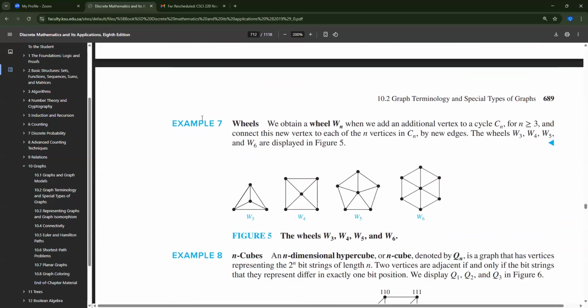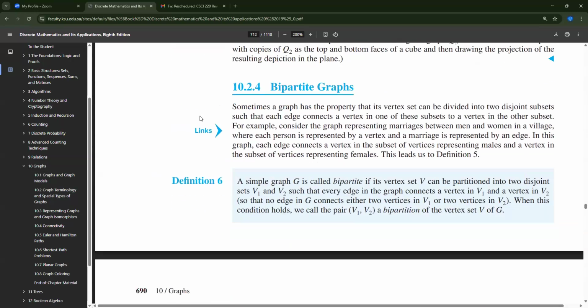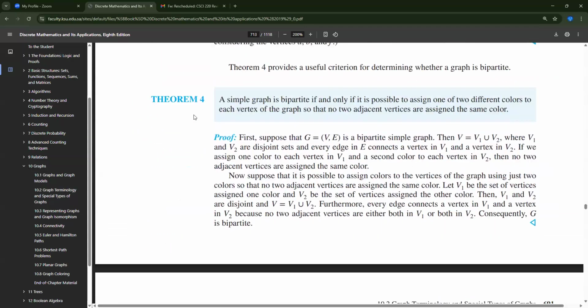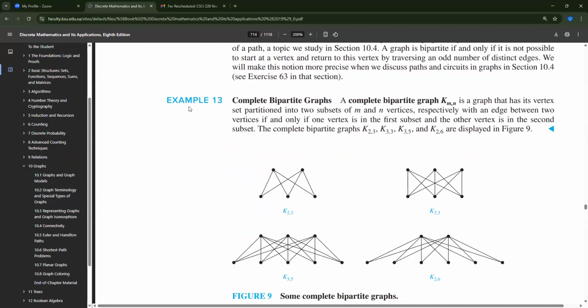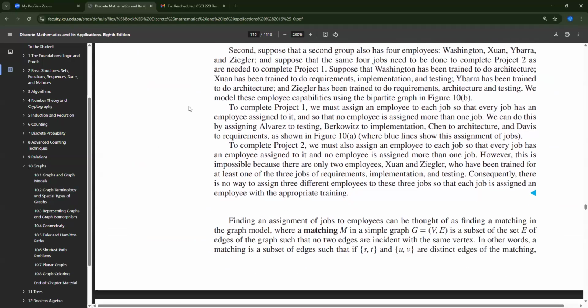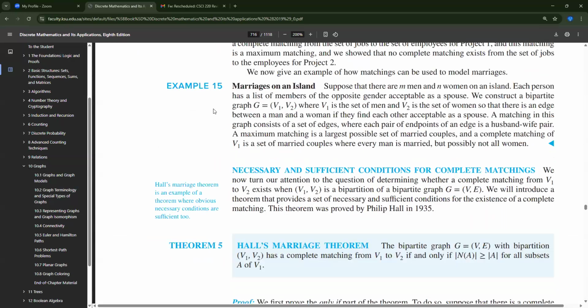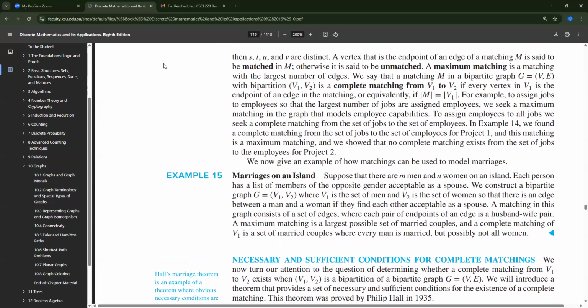But we'll try to explain Hall's marriage theorem. It's weird because that's more like stable marriage. Okay, marriages on islands.